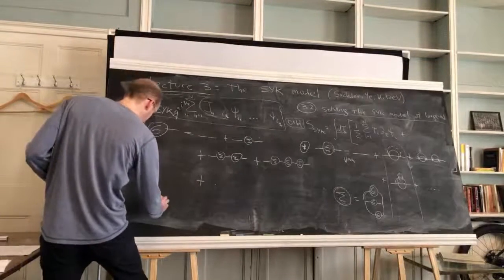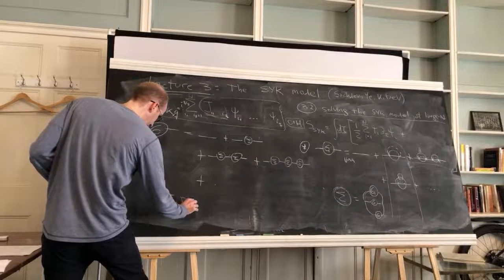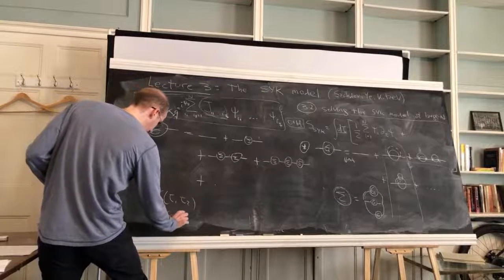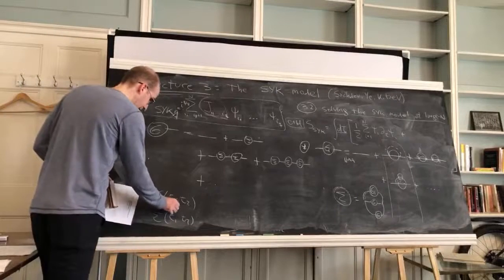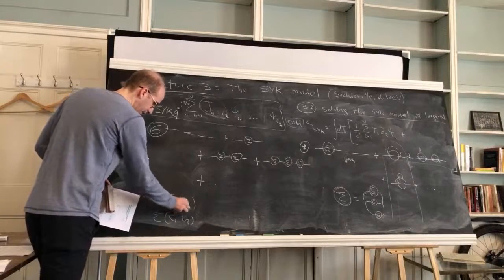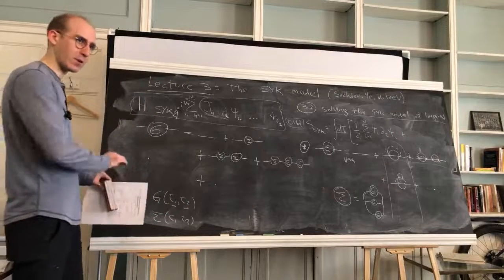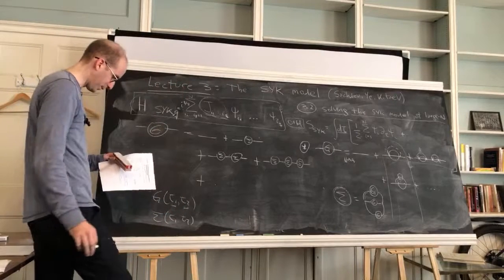So G will be a function of tau 1 and tau 2, and sigma will be a function of tau 1 and tau 2. And so we will sometimes treat these numbers as matrix indices, but continuous matrix indices.